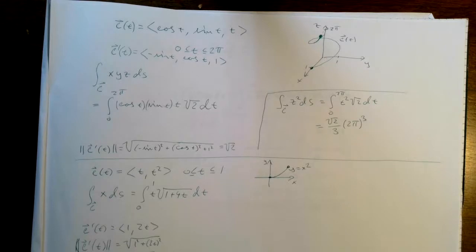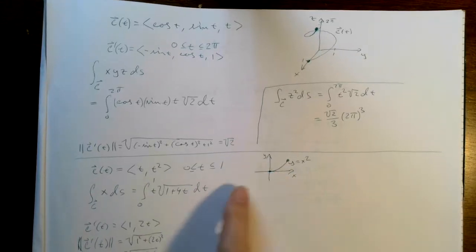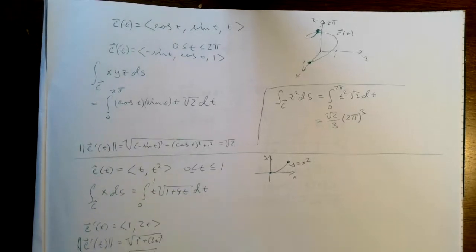If you try to find a parameterization of this with constant speed, you're going to be computing this sort of integral anyway, so it's not like you would make things easier, unless you can guess a nice parameterization.